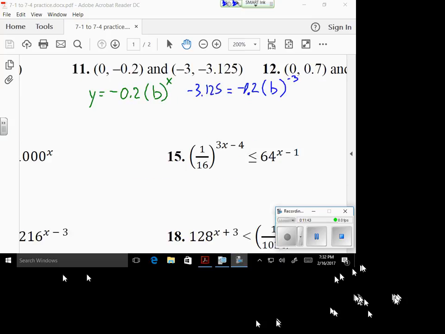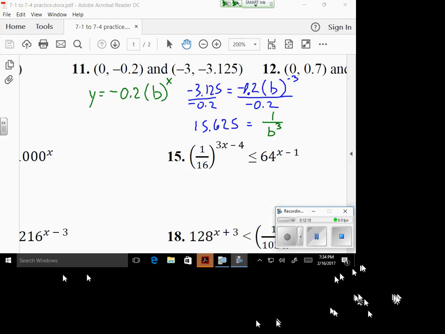Same process for number 11. We're going to divide both sides by negative 0.2. Then we can change this b to the negative third to 1 over b cubed. There are a couple of options you can do right here. We can take the cube root if we want to.